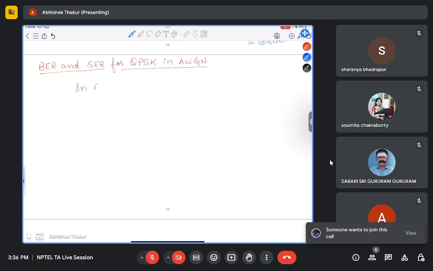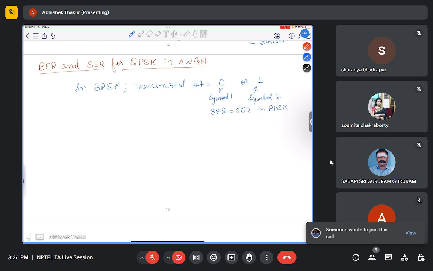Because in BPSK the transmitted bit was only 0 or 1, and this is symbol 1, and this is symbol 2. So that's why the bit error rate is equal to SER, because both are the same in BPSK.